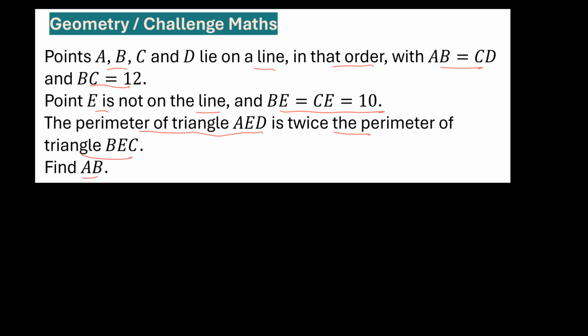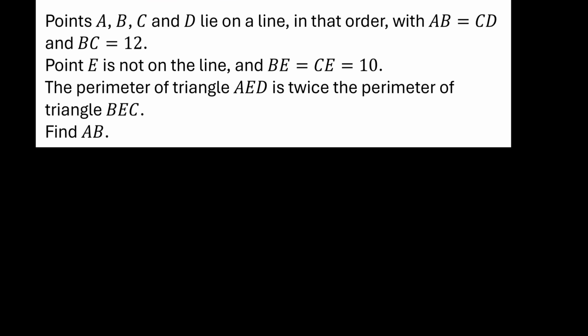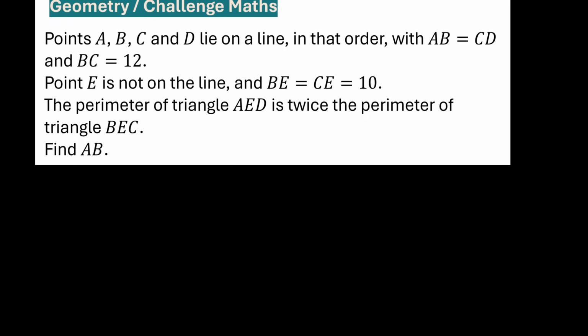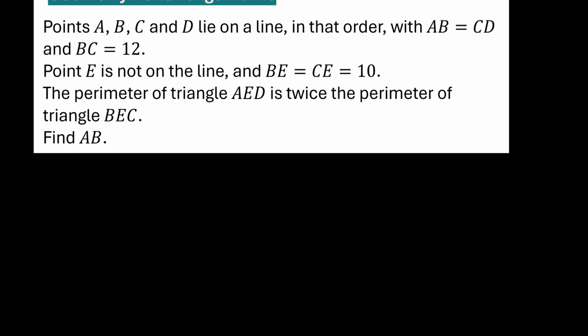So there are no diagrams given, so of course we have to draw this, do a rough drawing. So if I use the drawing tool, let's draw this line ABCD.